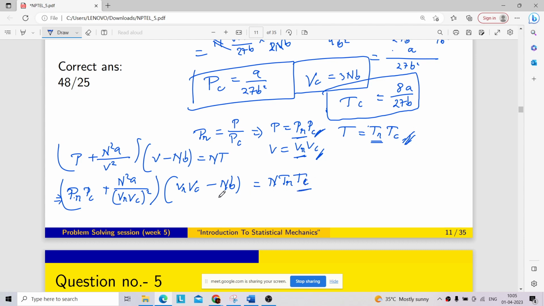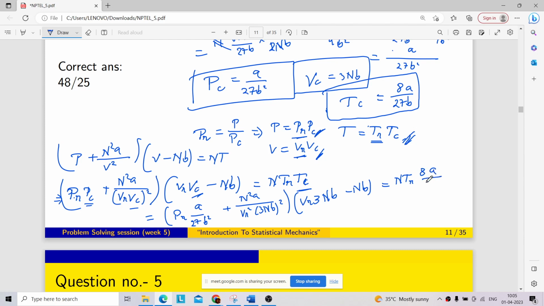So we have these critical values of these parameters, so we will put these in the above equation, then we will get PR PC is A over 27B square plus N square A divided by VR square, then VC is 3NB, so 3NB square, then VR is there, then VC is 3NB minus NB, and in the right hand side we have NTR, and TC is 8A over 27B.